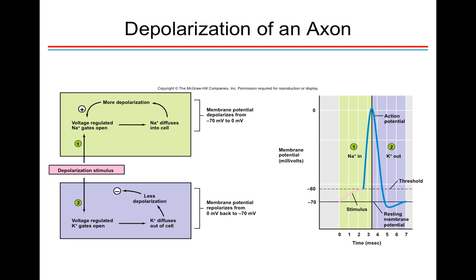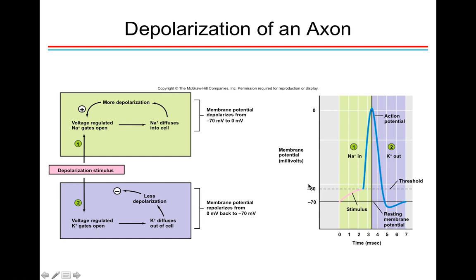At that point, we're going to see the membrane potential begin decreasing, and it will decrease very rapidly, and even go not only to -70 but surpass that. Okay, and this is going to happen from potassium voltage-gated ion channels opening.